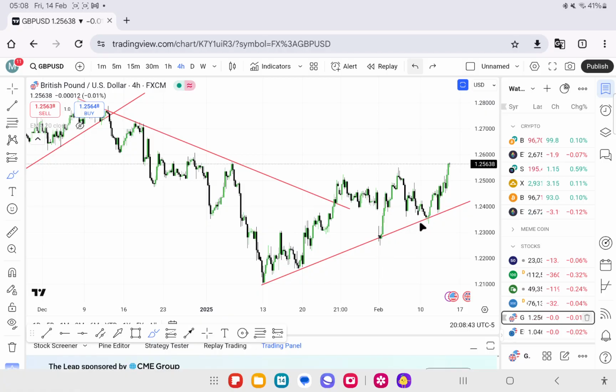For example, if it is touching this trend line the 4th time or 5th time or maybe 7th time, the more it tests a trend line, the more trustable that trend will be, and it will sustain longer. Because it will give more trust to the traders and investors that you can start trading from here. So that is the third point.